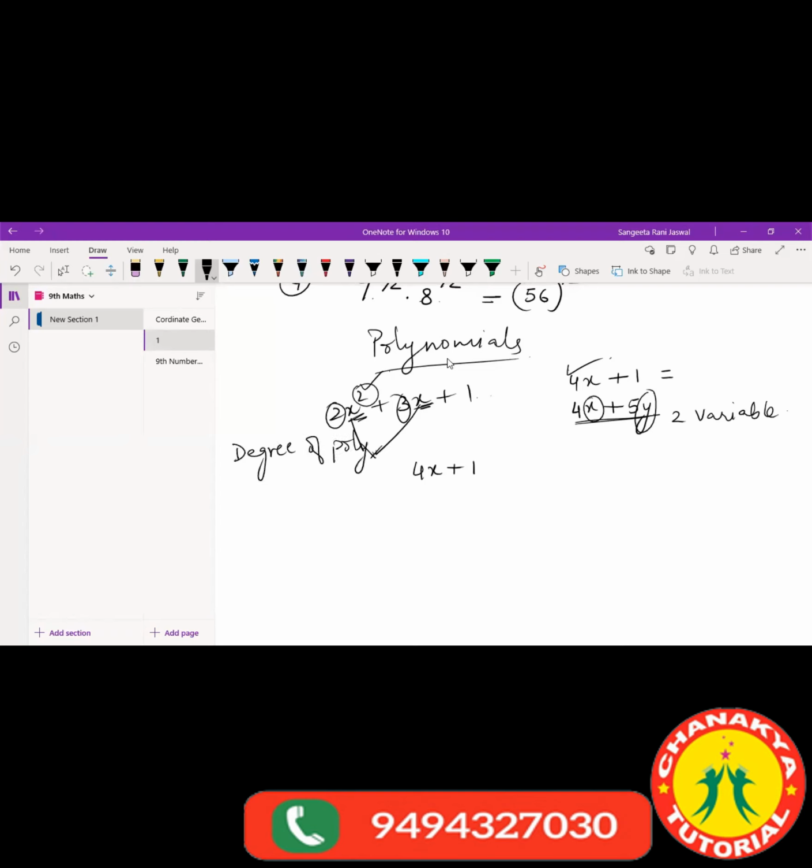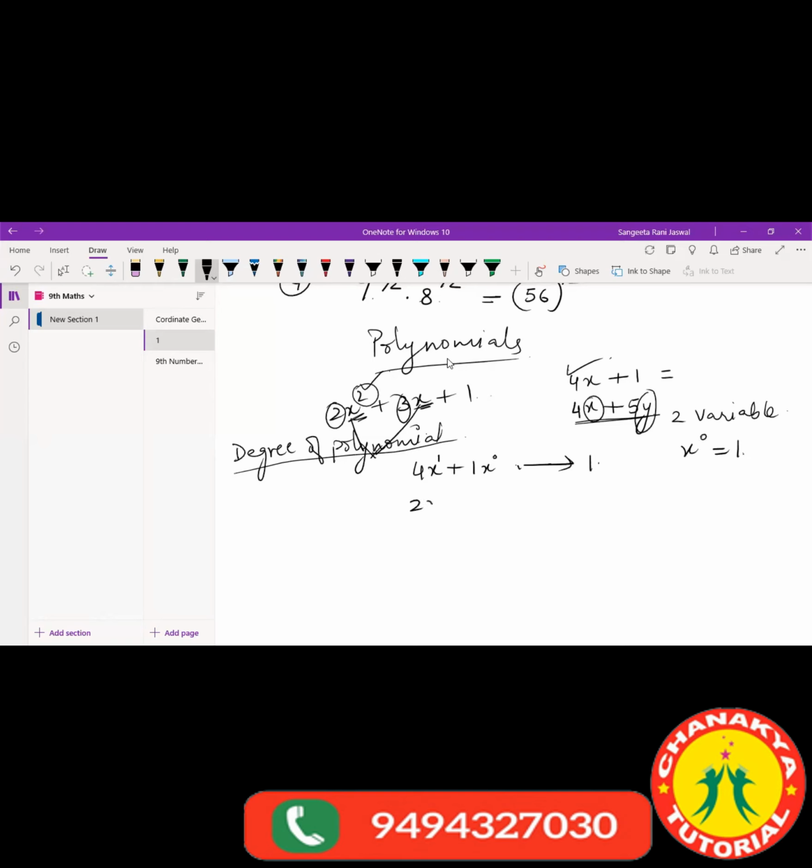Ma'am, highest power of any variable in the polynomial. Yes, the highest power of the variable is the degree of the polynomial. So in this case, the highest power is 1. यहाँ पे power कितनी है? 0. X की power 0 है ना? Anything with the power 0 is 1. So यहाँ पे 0 है, the highest power is 1 here. So इसका degree कितना है? 1.